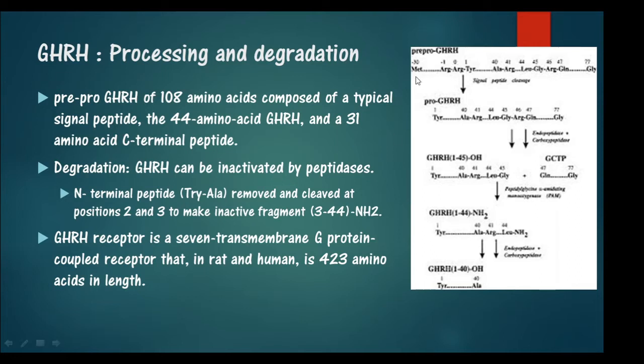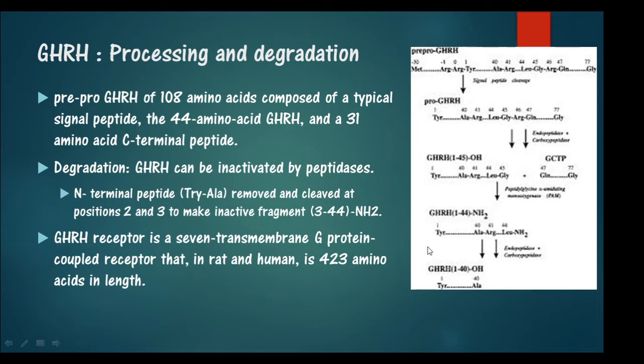So you can see over here that you have the pre-pro GHRH, and the signal peptide is cleaved in this position. So you have the pro GHRH, and then endopeptidases and carboxypeptidases act on pro GHRH, and you get the GHRH 1 to 44 amino acids, and the C-terminal peptide is removed.